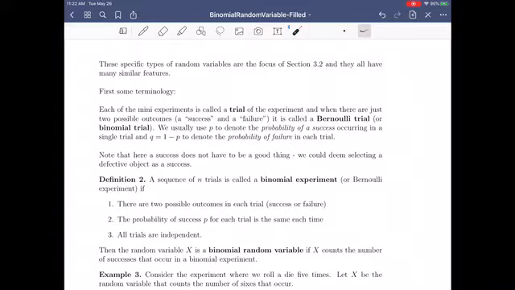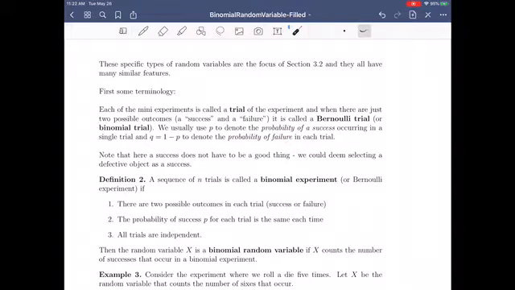But they have two possible outcomes, so you could group them as success or failure. Then we call it a Bernoulli trial, or I normally like to use binomial trial. We use little p to be the probability that success happens in a single trial, and q, which is going to be 1 minus p, is the probability of failure in each trial.